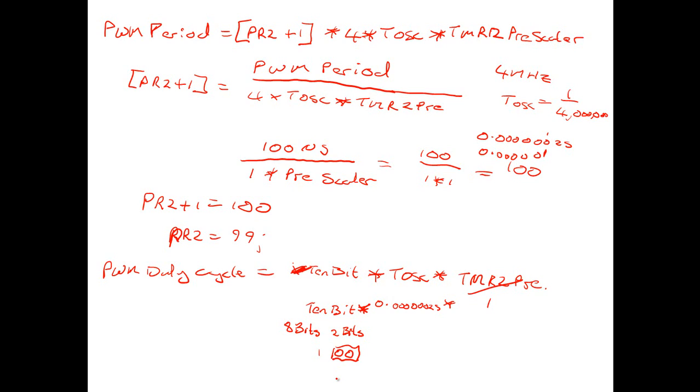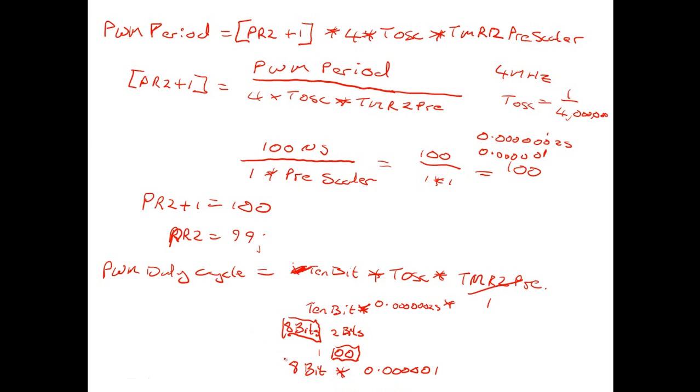Remember, if we shift by 1 bit, we're multiplying by 2; if we shift by 2 bits, we're multiplying by 4. So if I just look at the 8-bit value and multiply it by 0.000001, in other words 1 microsecond, that will give me the PWM duty cycle.